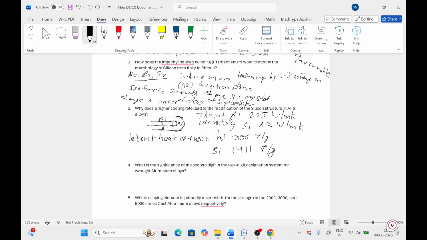So the latent heat of fusion for aluminum is less, so it will solidify faster than the silicon. So both the thermal conductivity and latent heat of fusion help in aluminum solidifying faster. So the silicon growth stops at small sizes. So this is the second method to improve the morphology of silicon particles.